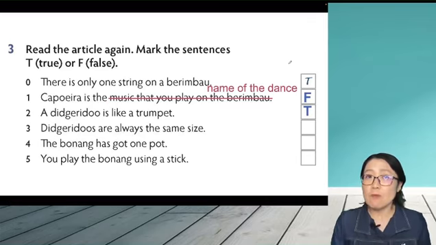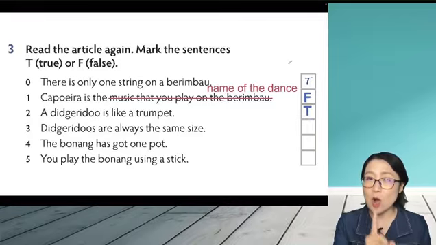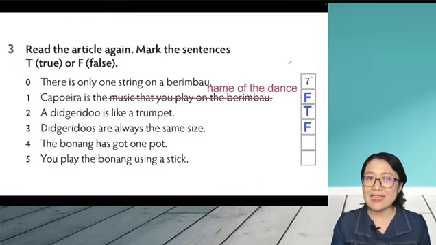And you need to blow into it, right? 必须得吹啊。And number 3, didgeridoos are always the same size. Is that right? No. Because we read that didgeridoos are between 1 and 3 meters long, right? So we can put here F, all right? And the next one, the bonan has got one pot.